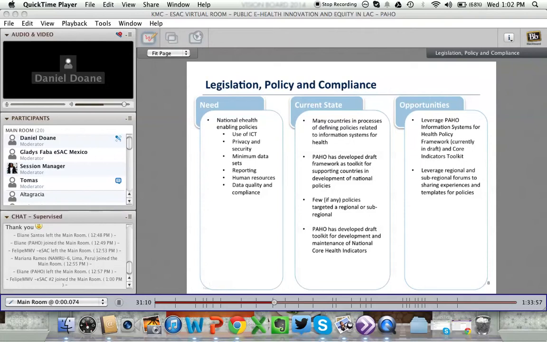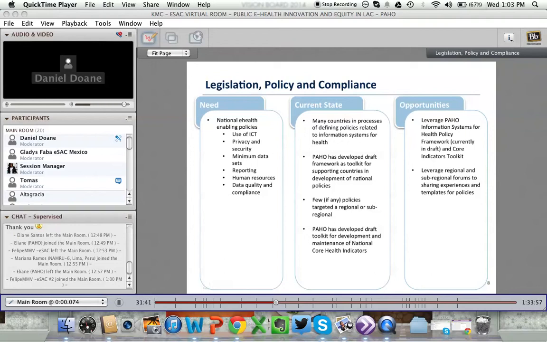I'm not going to go through them all here today, but they really address things like the use of ICT, appropriate use of it, and support of ICT, procurement of ICT, the issues of privacy and security, the issues of things like minimum data sets that need to be collected within particular program areas, the issues of reporting on that data, the issues of the acquisition and management of human resources related to eHealth, and certainly issues related to data quality and compliance to standards.